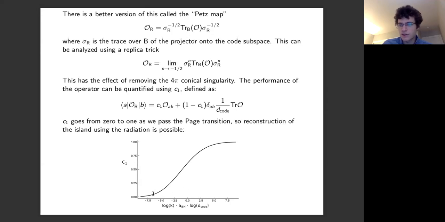So the reconstruction of the interior using the operator in the radiation, the performance of that reconstruction can be computed in this model. It's this function here. It goes between 0 and 1 at the page time. So again, there's a smoothed out transition between being able to describe the interior and not being able to describe the interior.